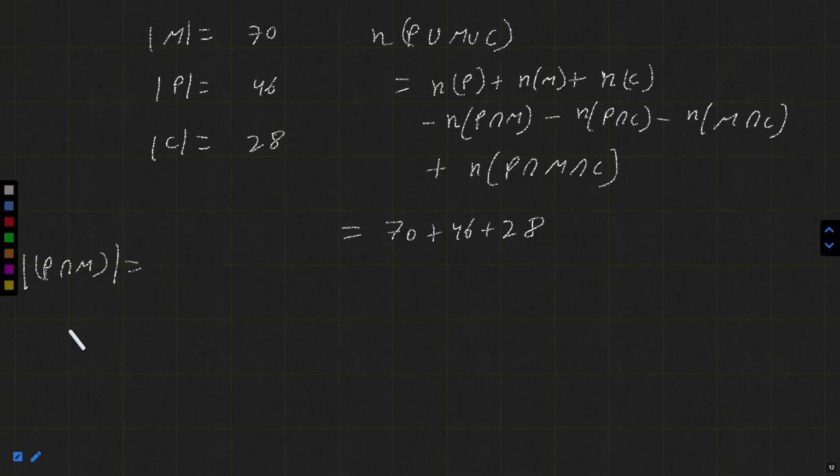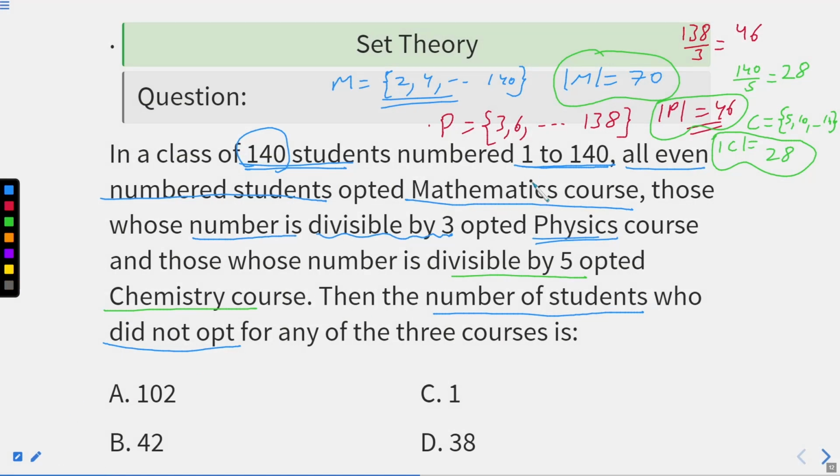If you try to find the cardinality of the students who opted for physics as well as math: in math the even roll number students opted for math, and for physics the students whose roll numbers are divisible by 3.